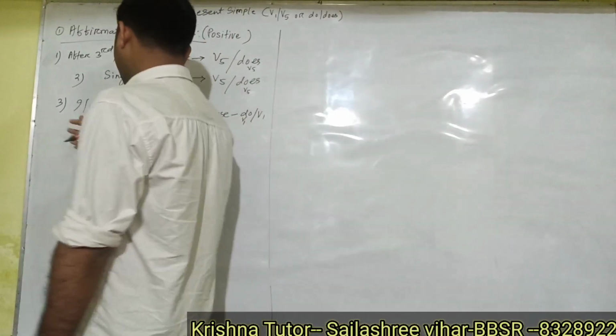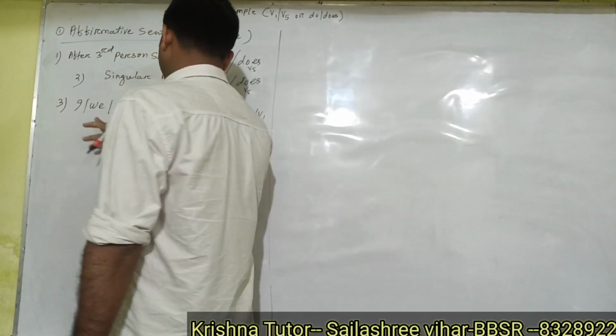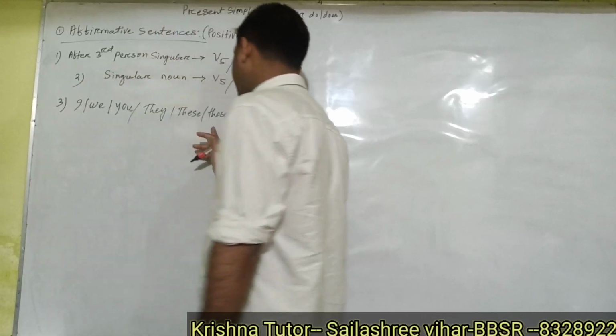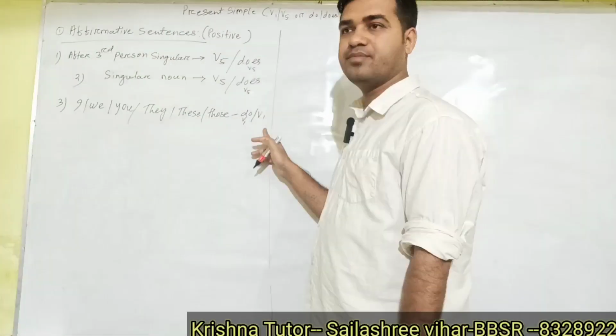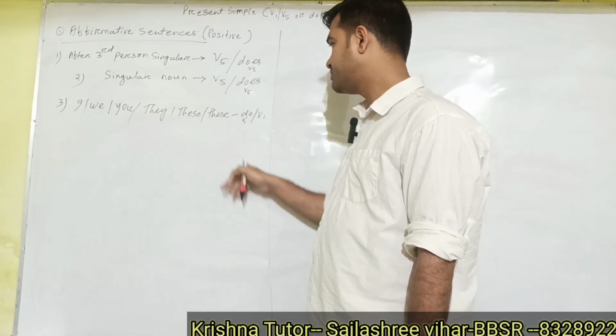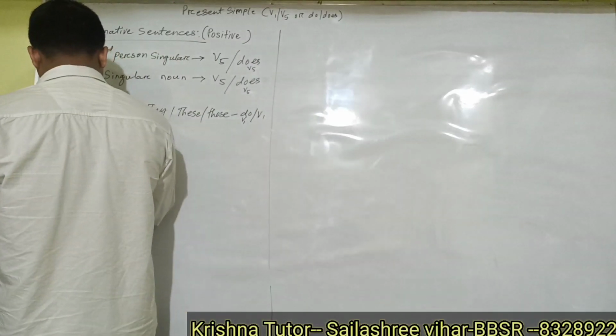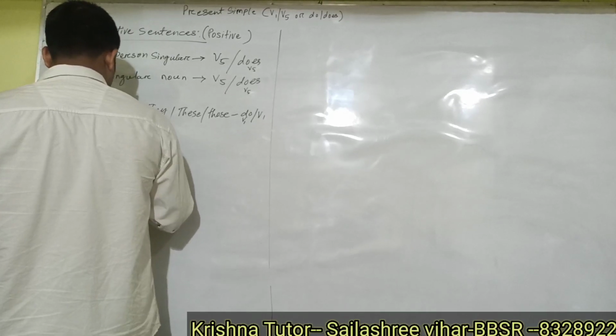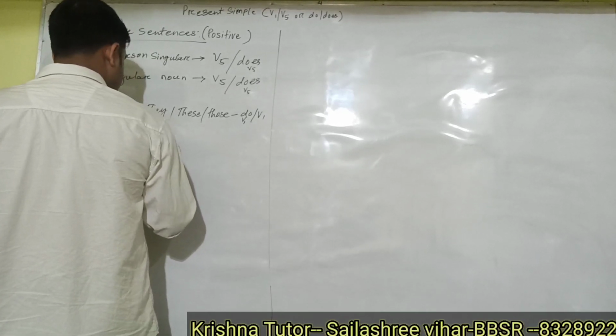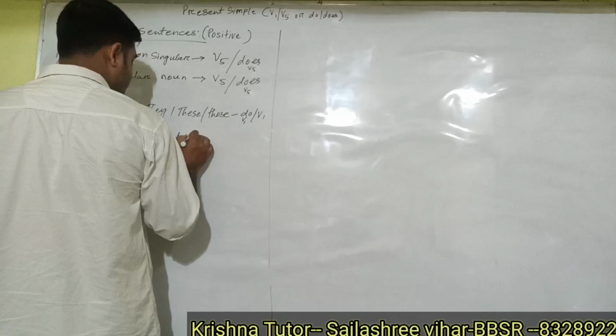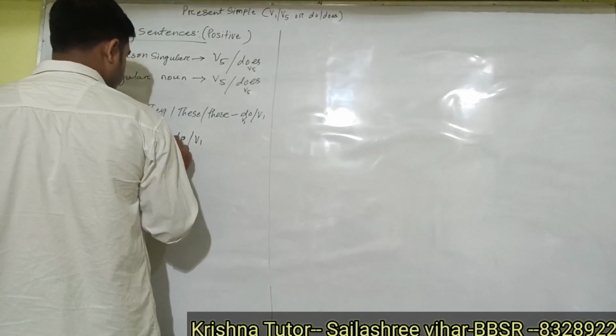Now, after I, we, you, they, these, those, we need to use do or V1 form. Do is also V1 form. If I say plural noun, we can also use the verb do or V1 for plural noun.